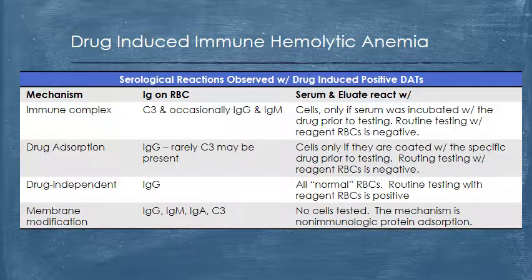However, the patient does have a recent history of taking maybe high-dose antibiotics or other drugs that are indicated, and we'll get into those. So this is very rare, only about 1 in a million cases. So all of the other causes of hemolytic anemia have to be ruled out first.